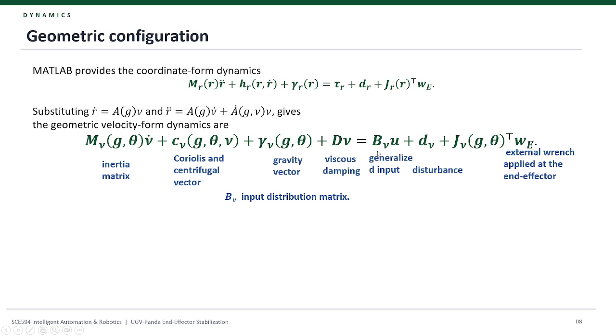If B is identity, it means all the actuation, all the motors, are working. And here is the disturbance. In the controller part, we treat it as equal to 0, and the external wrench we also treat as equal to 0, and this is the Jacobian to convert from the end effector to the joint space.